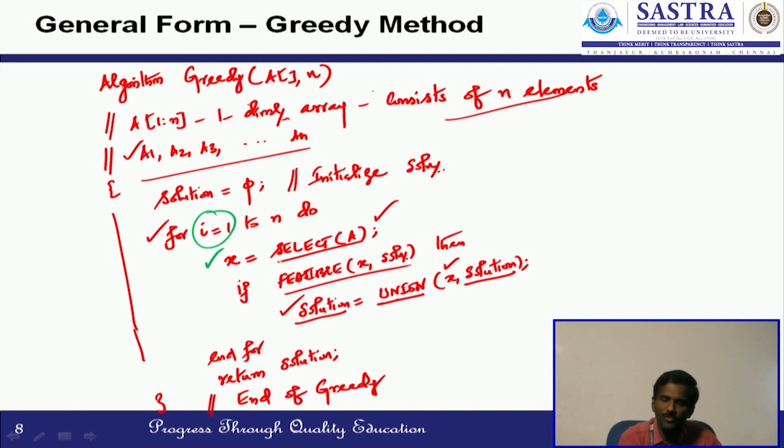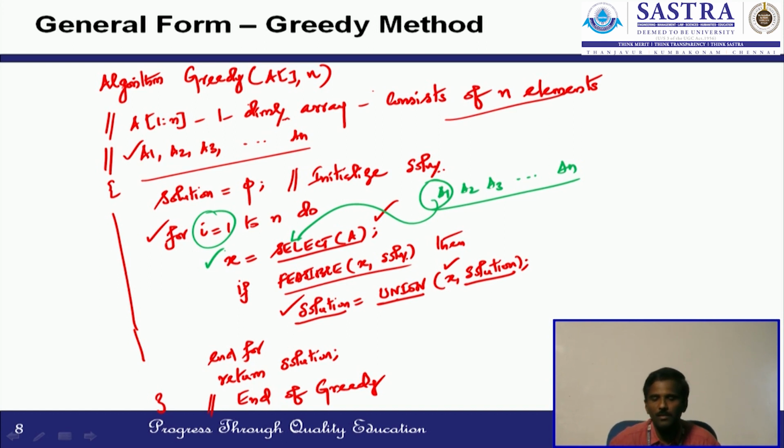Since x is equal to select of A, we have the inputs a1, a2, a3, etc., an. Based on the nature of the problem or based on heuristics, one input, say a1, is first assigned to the variable x. Check if a1 results in a feasible solution. If it is so, that solution is included into the solution vector.